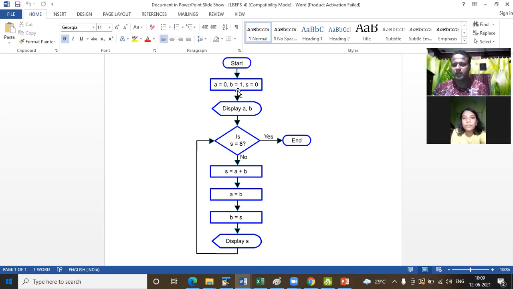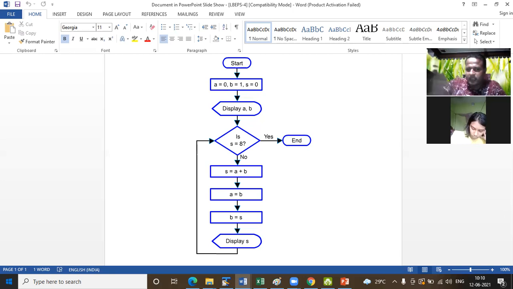Okay. Now display A and B. Now in the other part, write 0 and 1. So you have written A is equal to 0, B is equal to 1, S is equal to 0.